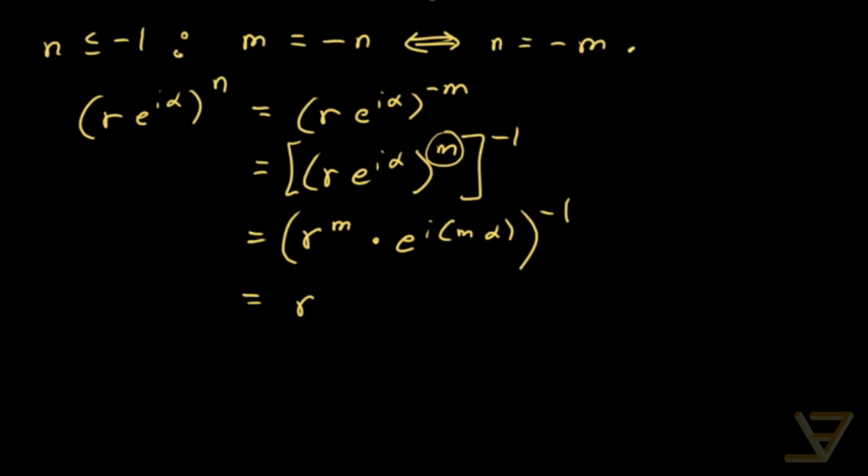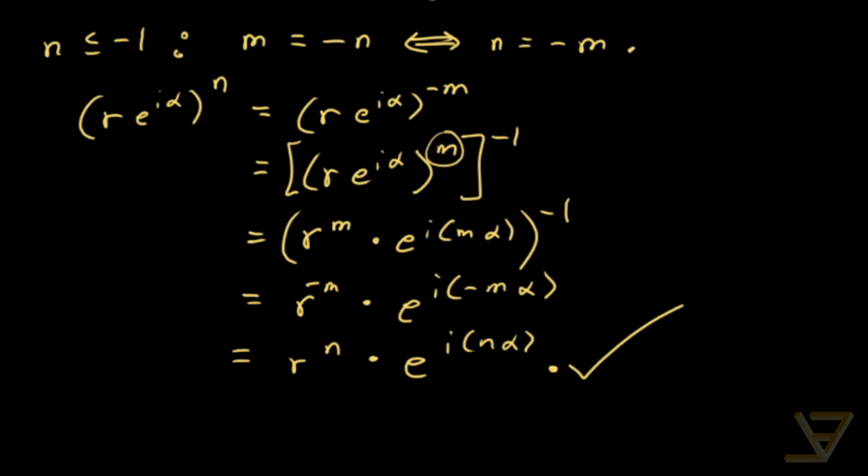So this is equal to r to the -m times e to the i (-m alpha), and that's just equal to r to the n times e to the i n alpha. So that proves De Moivre's formula. Okay, so that takes care of all the cases. Thank you for watching, and I'll see you next time.